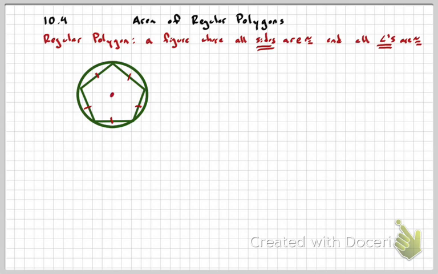The circle for this diagram and the pentagon have the exact same center. So if I draw a radius here or here, they're all the same length. Notice what I've done now is I've drawn 2 radii, and they're creating this arc for this circle.